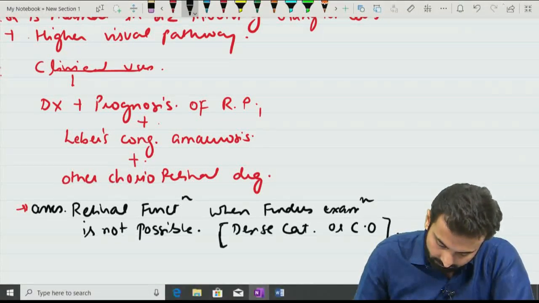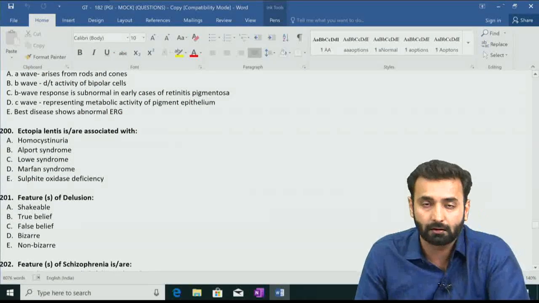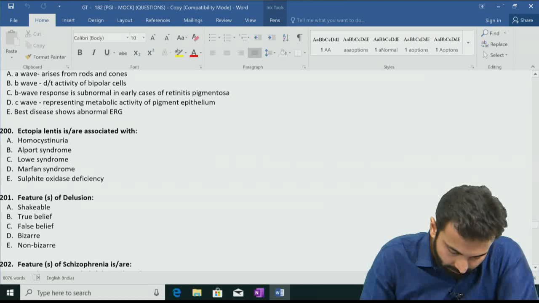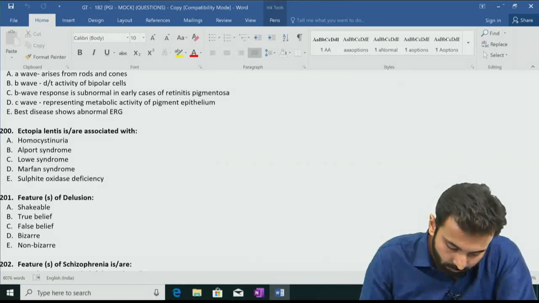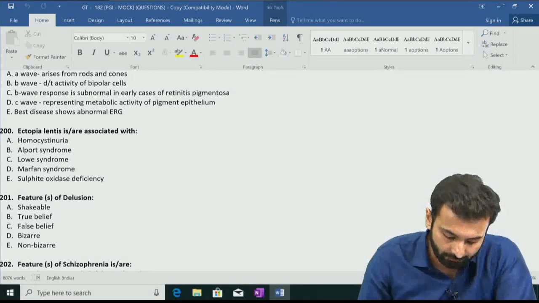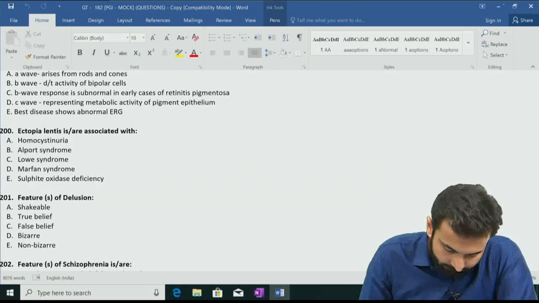Now coming to the next question. Question number 200, ectopia lentis. They are asking you about ectopia lentis; we have discussed what it is. Option A, homocystinuria: yes, this is associated. Option B is Alport syndrome: no, this is false.